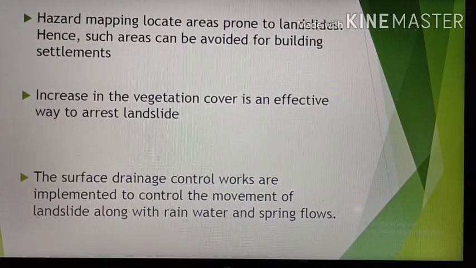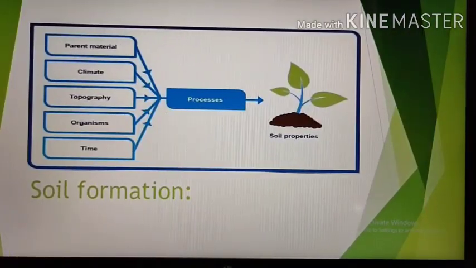Now let's move on to our next topic, that is soil resource. Over here in this figure you can see the process of soil formation. Now soil is the thin layer of grainy substances covering the surface of the earth. It is closely linked to land.